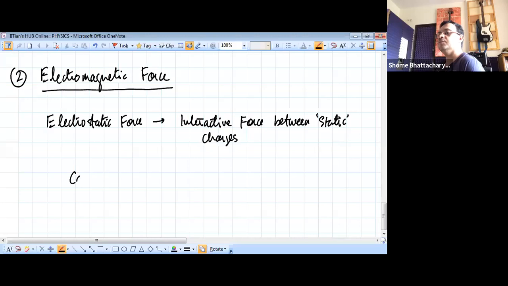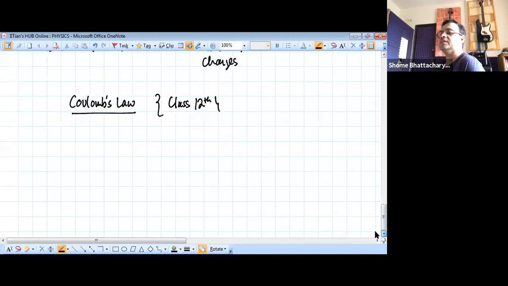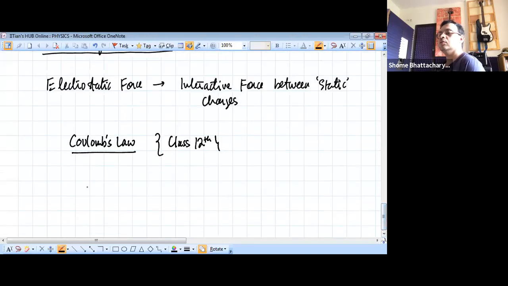and they are given by a fundamental law called Coulomb's law, which we will study as part of our class 12 syllabus. But I can just tell you the basic idea about it. According to Coulomb's law, if we have, for example, two positively charged particles at a distance r, q1 and q2, then they experience a very similar kind of expression to gravitational force, but they experience a repulsive force.